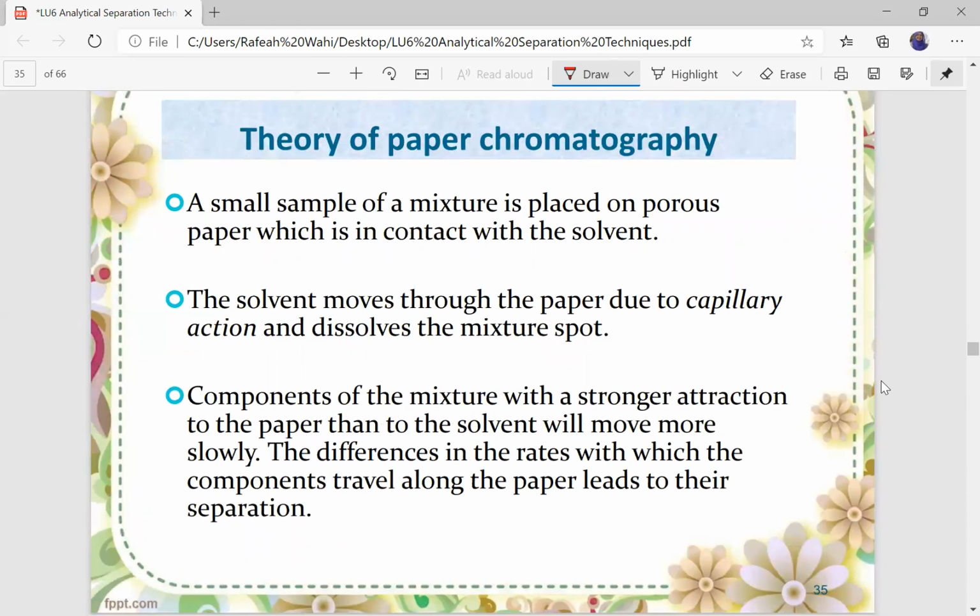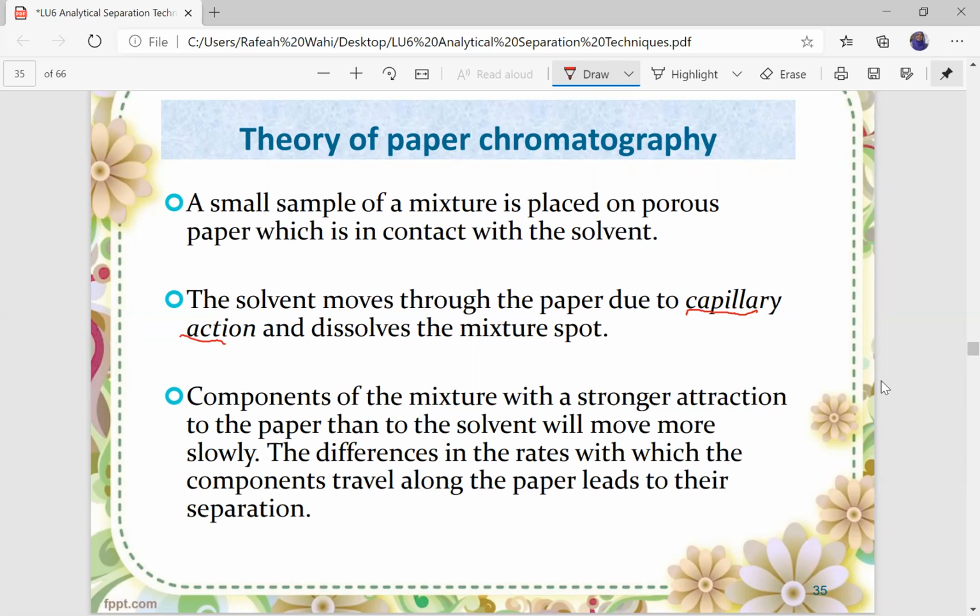So this is the theory behind paper chromatography. A small sample of a mixture is placed on porous paper, which is in contact with the solvent, and the solvent moves through the paper due to capillary action. So it moves up because of capillary action and dissolves the mixture spot. The components of the mixture with a stronger attraction to the paper than to the solvent will move more slowly.